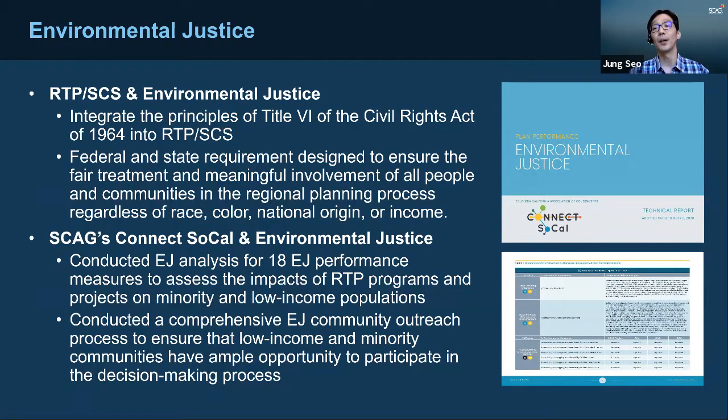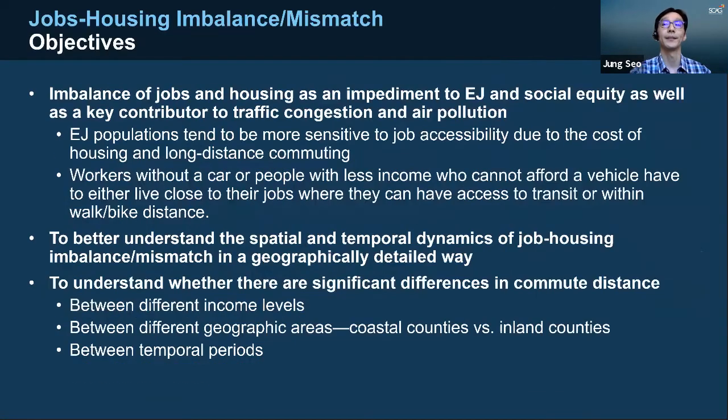So in preparation for the RTP/SCS development, SCAG conducted the EJ analysis to assess the impact of RTP programs and projects on minority and low-income populations, those EJ populations. And SCAG also conducted a comprehensive EJ community outreach so that those communities can have the opportunity to participate in the decision-making process.